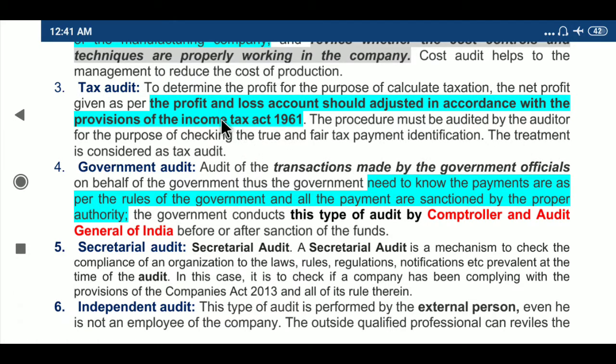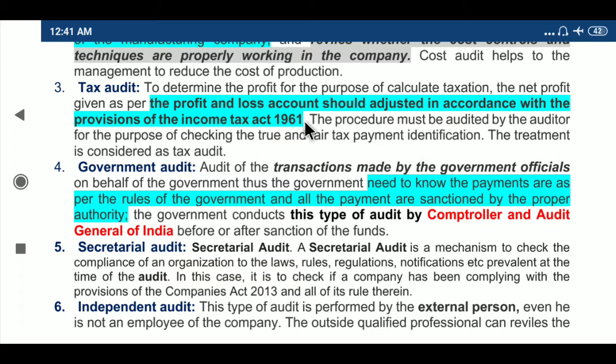While the company pays tax, the tax department will not depend on financial statements. They prepare a tax profit and loss account, with adjustments in accordance with the provisions of the Income Tax Act 1961.